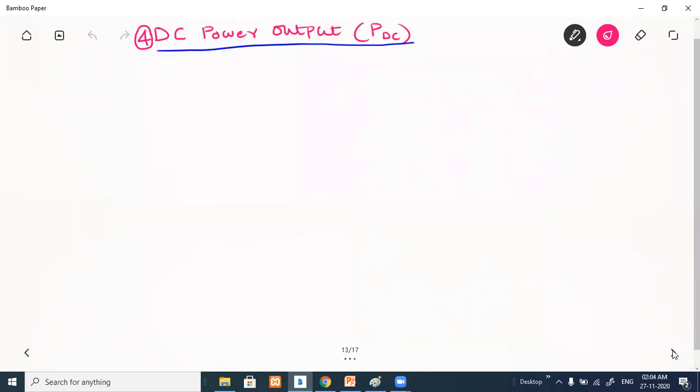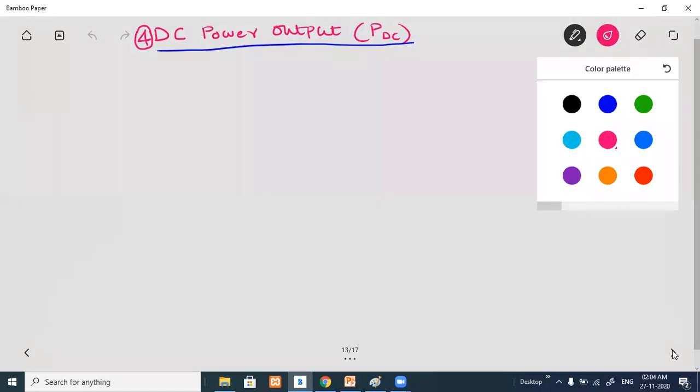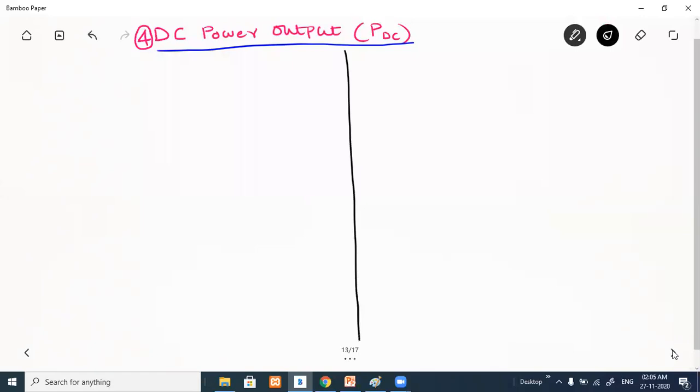In the last lecture, we already derived three expressions for the half-wave rectifier characteristics. Now, the fourth characteristic is DC power output, PDC. We know that P equal to VI. Here I want PDC, so PDC equal to VDC into IDC.